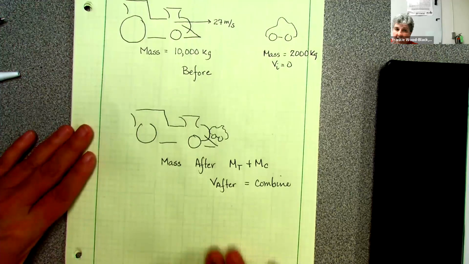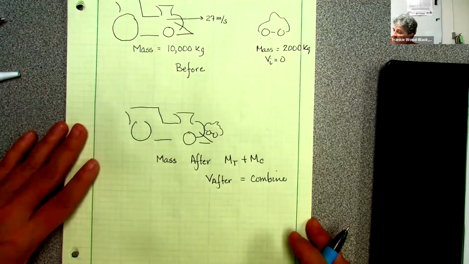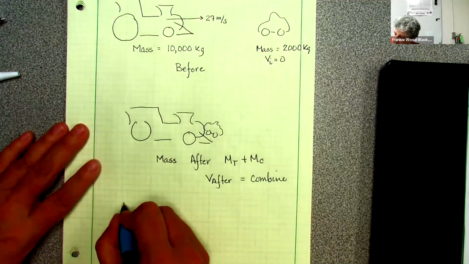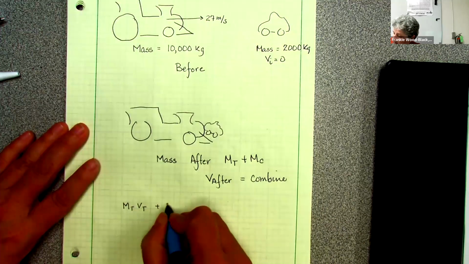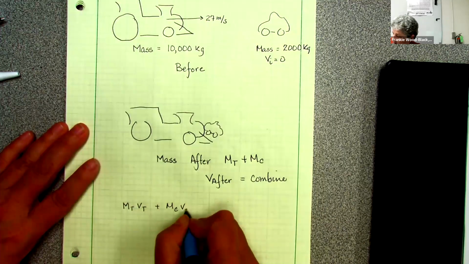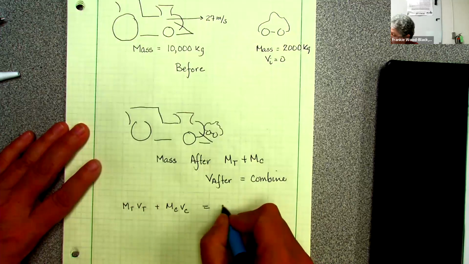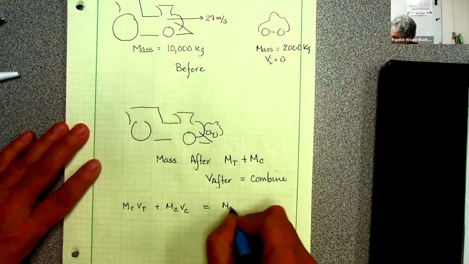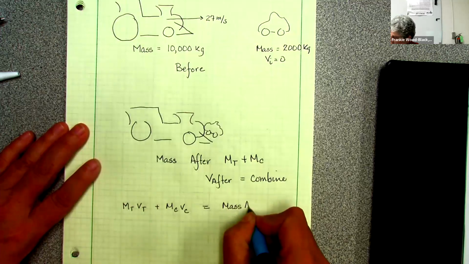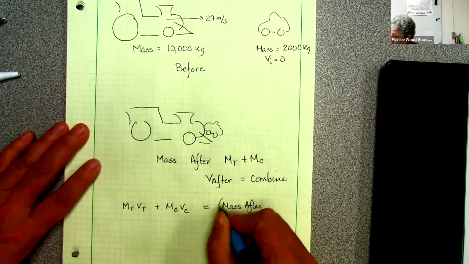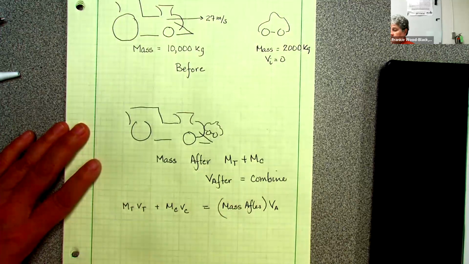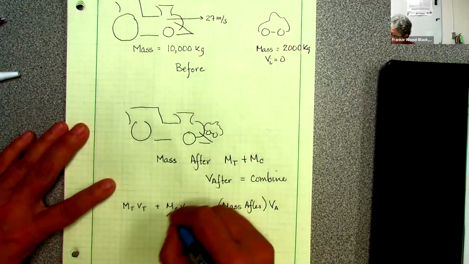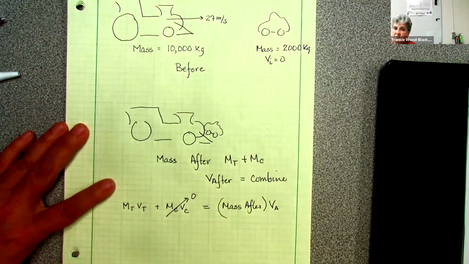So I can write out my conservation of momentum equation: mass of the train times velocity of the train plus mass of the car times velocity of the car has got to equal the mass after times the velocity after. Well, my car started out at 0.